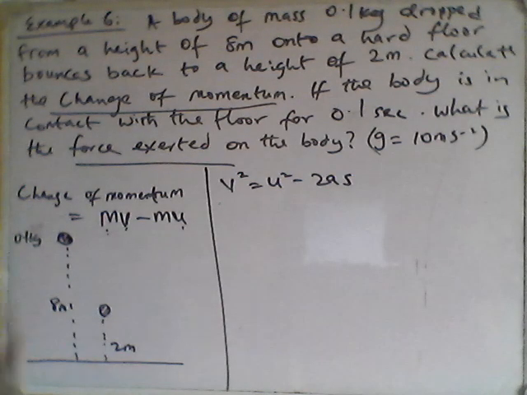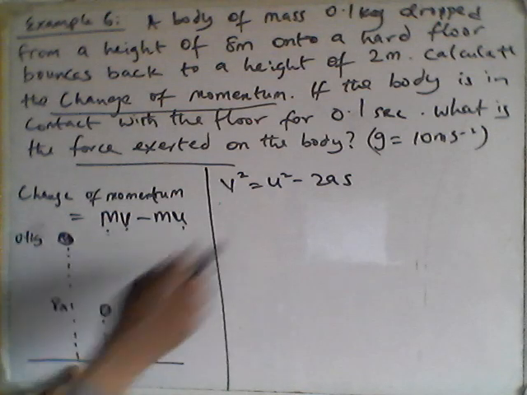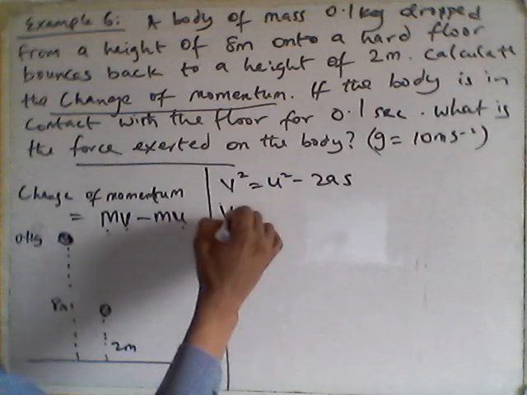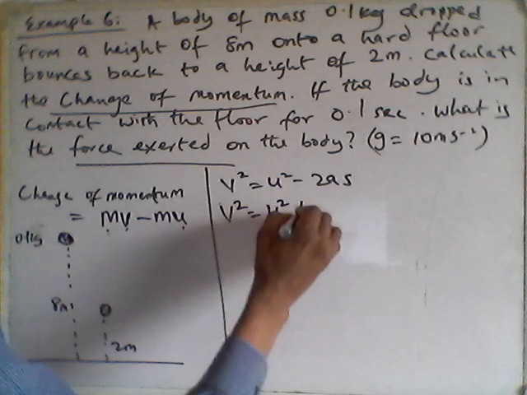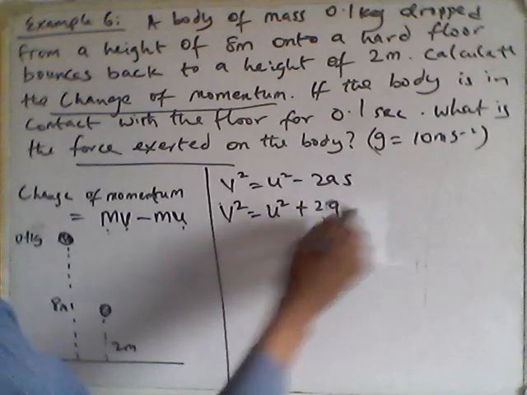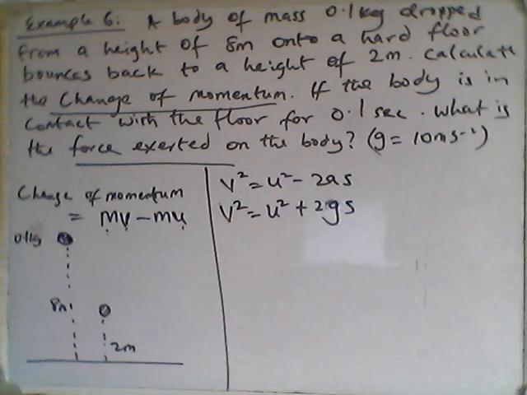For this first instance, at this height, the ball's initial velocity is 0. When it starts going down, there's a final velocity. So I can write this like this: V squared is equal to u squared plus 2gs. I'm changing a to g, and changing the minus to plus, because gravity is acting downwards.